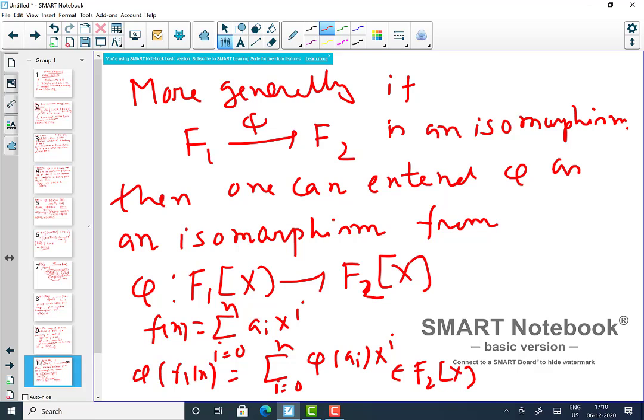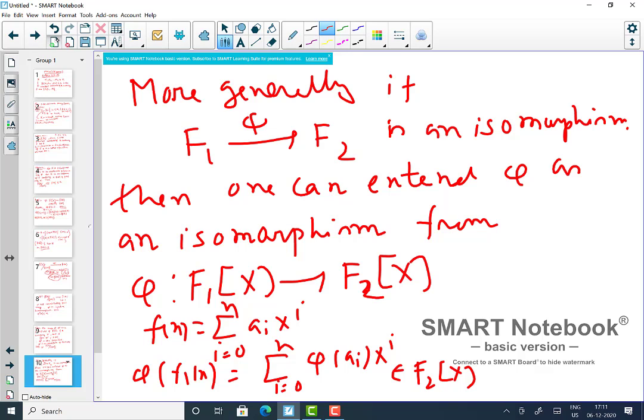You can easily prove that this is an isomorphism. This map sends F1 to F2 and keeps x the same, just changing the coefficients from F1 to F2. So this is an isomorphism of the polynomial rings.